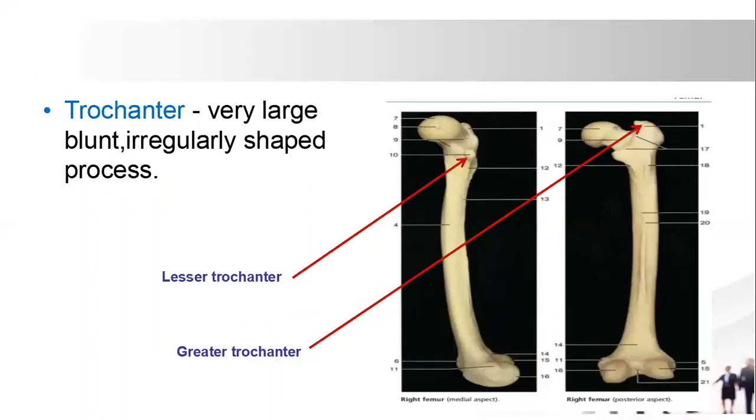Trochanter is a very large, blunt, irregular shaped process, and these are sites for attachment of muscles and some ligaments. For our case, we were able to identify the lesser trochanter of the femur, and the other one is the greater trochanter of the femur. This image was taken from the medial aspect, and the other one from the posterior aspect.